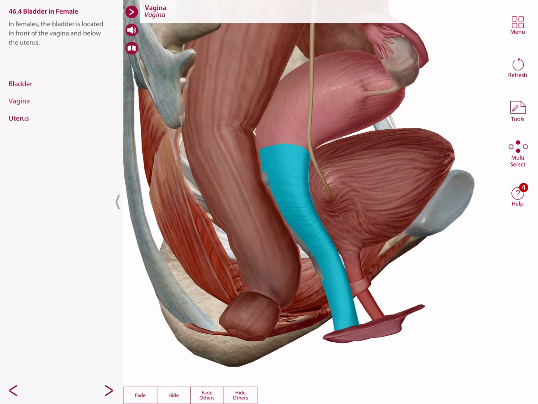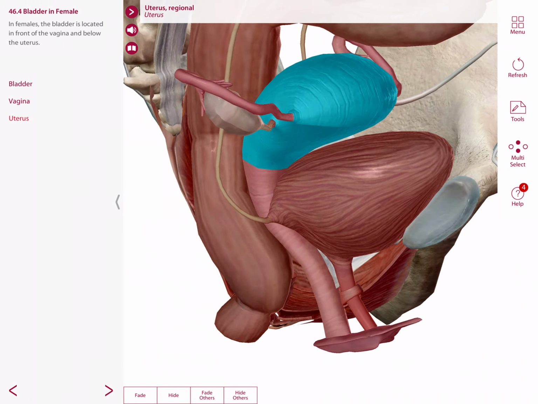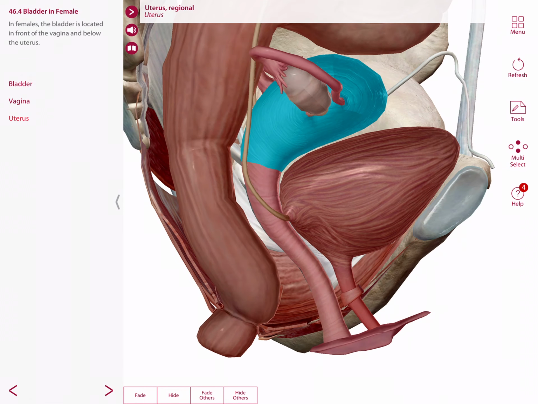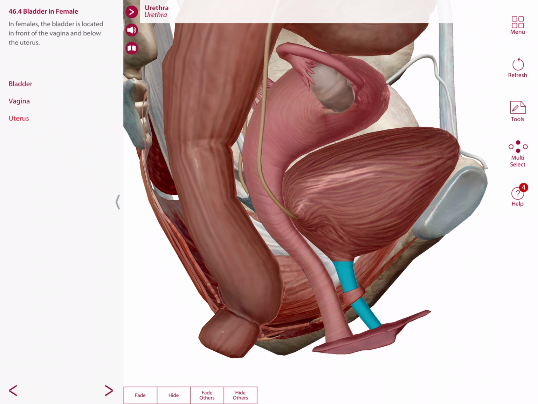We've got the vagina. Posterior to that, the uterus up above that. So uterus, vagina, bladder, urethra, all from anterior to posterior. We'd go pubic symphysis, urinary bladder, vagina, and then your rectum.